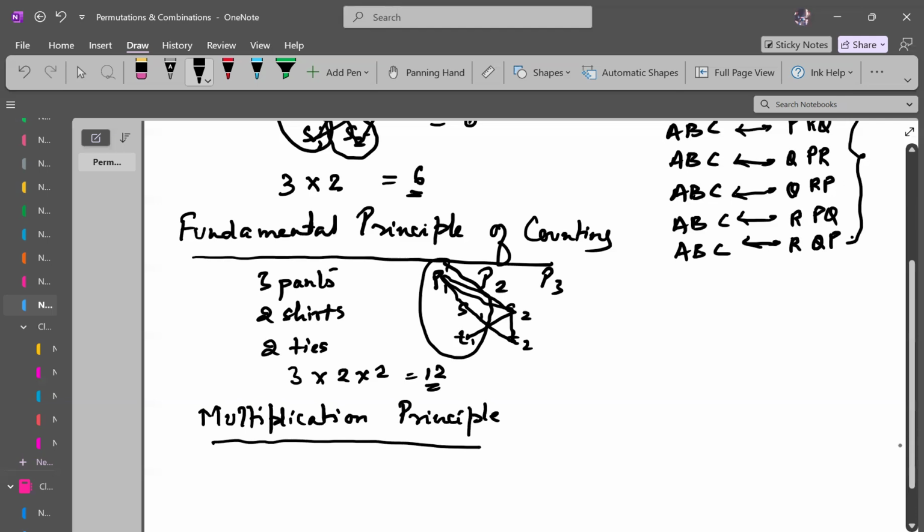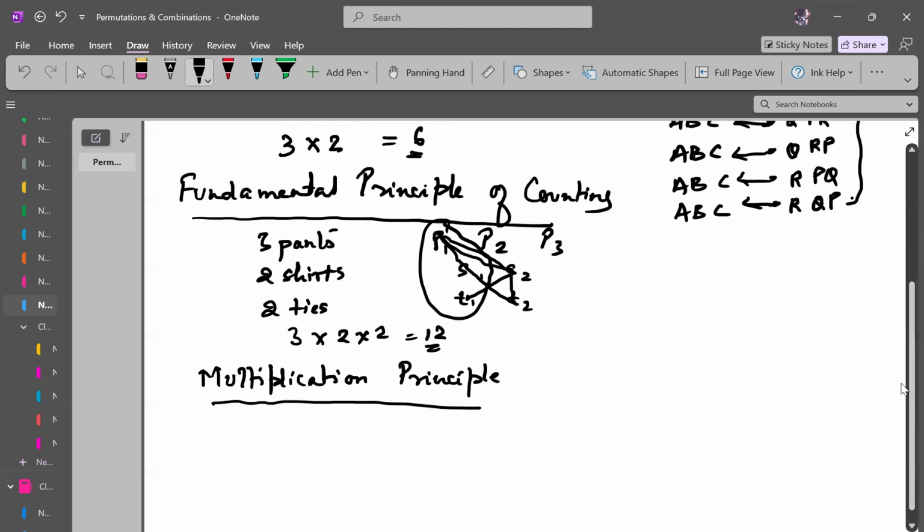I want you to note down what I'm going to write on the screen, or I'll dictate if you want. Please write down the title: multiplication principle. We have seen that principle happening right now in both the examples. Shall I dictate? Yes, sir. We can call it the fundamental principle of counting, or you can also call it the multiplication principle. Either you add or you multiply.